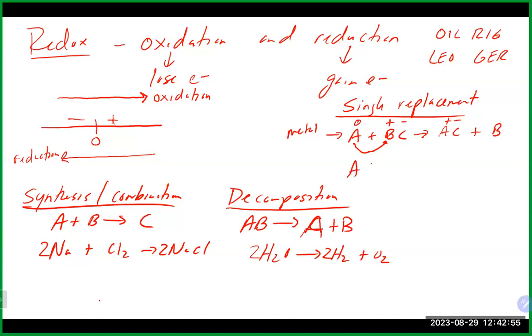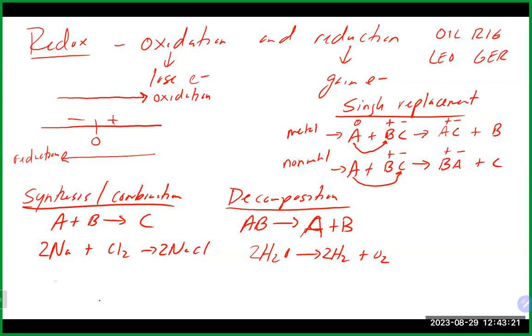This also could be a non-metal. Non-metals typically make negative charges, which means it comes in and kicks out the negative guy in this case. Makes a new ionic compound, and that guy comes out. In order for that reaction to take place, whatever is coming in needs to be more reactive than what is being replaced. If it is not, then that reaction will not take place in that particular case.